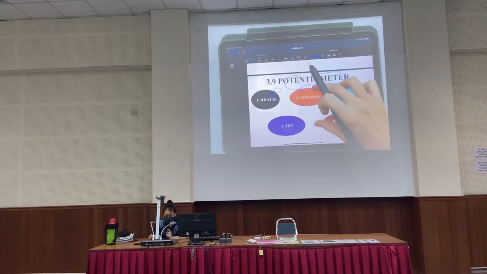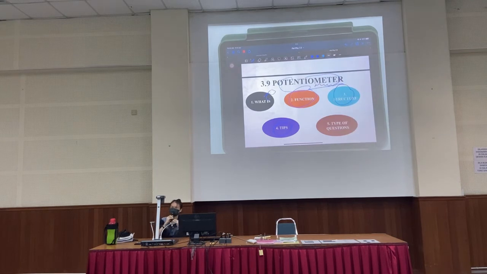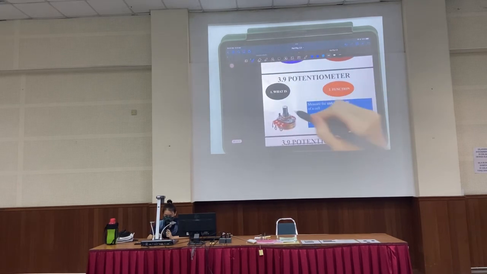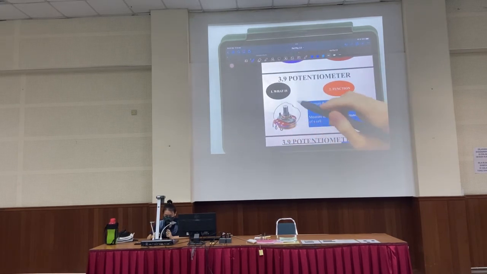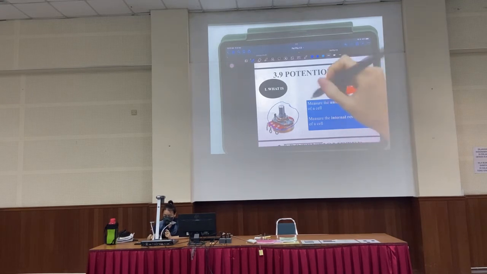But there is a slight difference. Later we will see. Okay, so first of all we look at the potentiometer. This actually is a potentiometer. The structure of potentiometer. So the potentiometer, just now I have mentioned, right, is used to measure the potential difference.